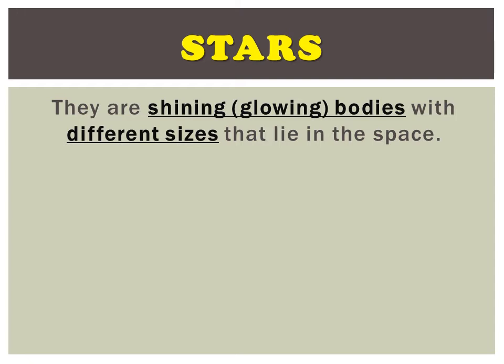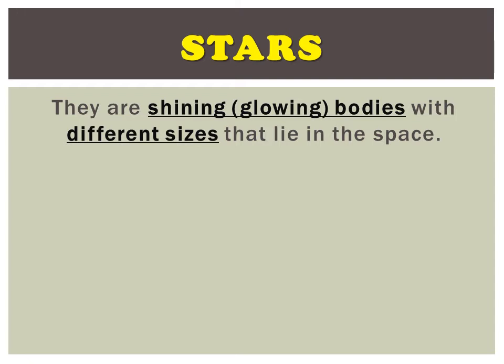Lie means found or located. When I ask you where the stars are, you will answer they lie in the space. They are found in the space. They are located in the space. Okay, so read the definition again. They are shining or glowing bodies with different sizes that lie in the space.